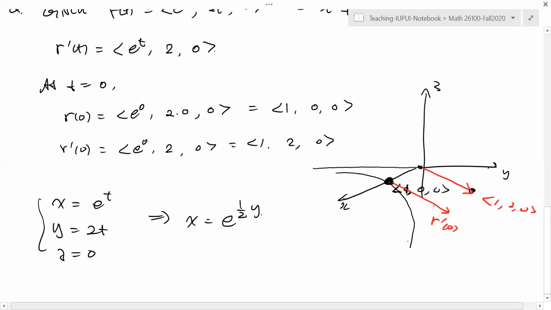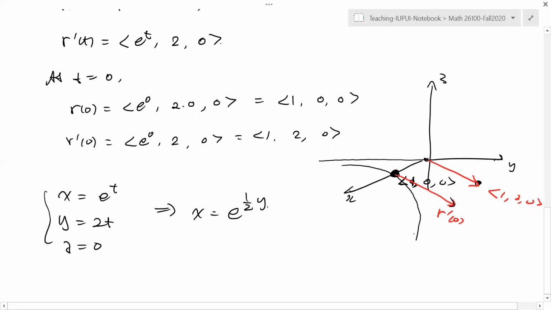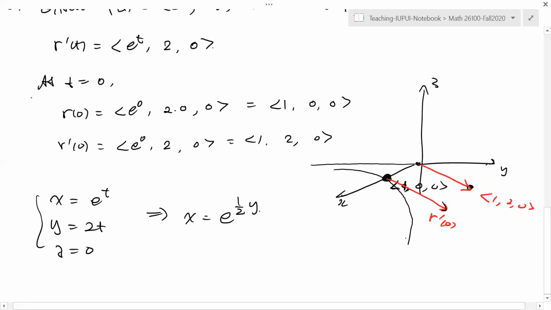That's why the tangent vector to the curve at that particular point looks like that. It matches with what we got. So this is at the point when t equals 0, and when t equals 0, the point has components 1, 0, 0. Okay?